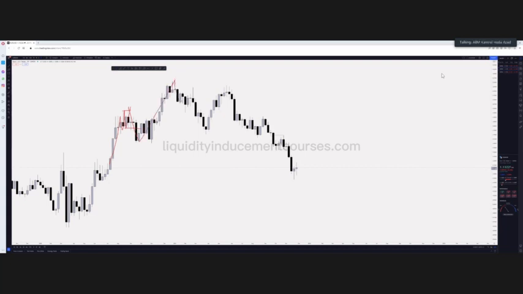Lower low, lower high, lower low. What's that? Fake BOS, inducement, what? Expansion. Even in between here, you have fake BOS, inducement, what? Expansion. Can you guys see it?